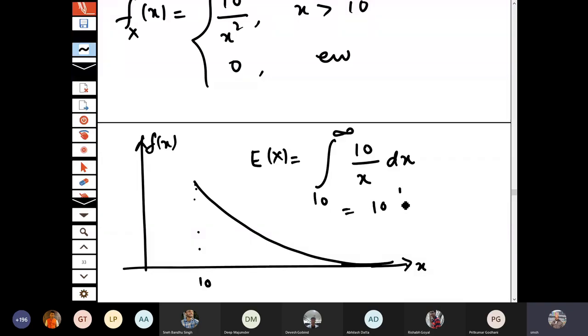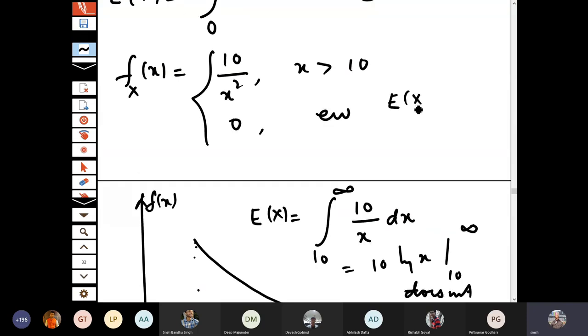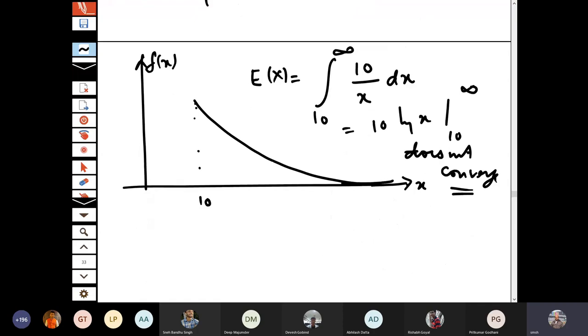So what is it? 10 log x from 10 to infinity, which does not exist. It does not converge. So here expectation does not exist. It may happen because here this is an unbalanced thing, like you are having this thing going up to an infinite value, but the balance will not be there.